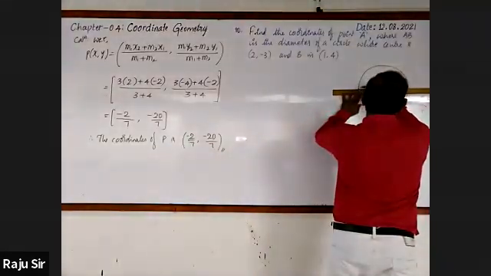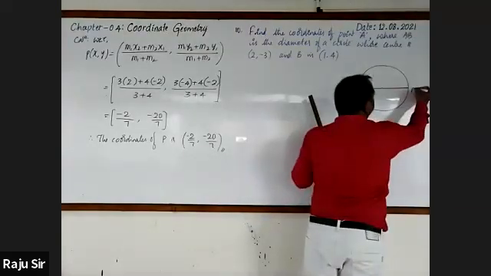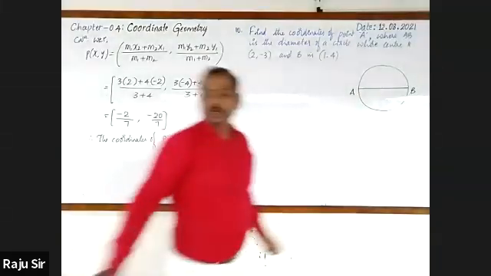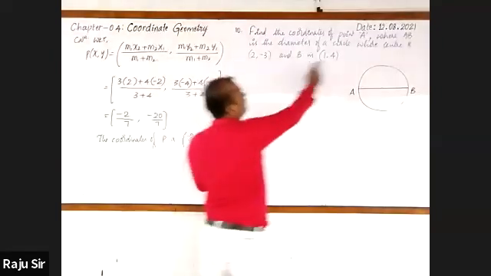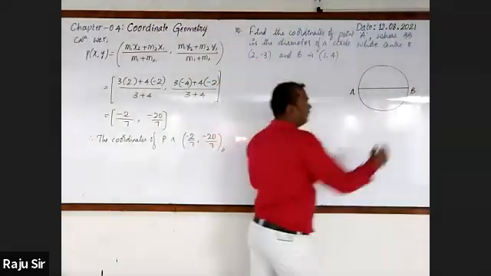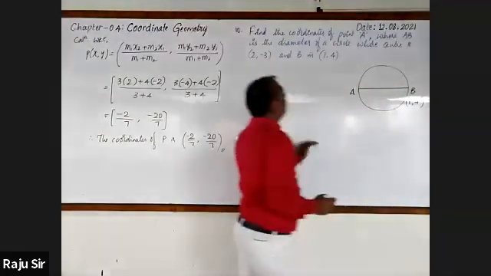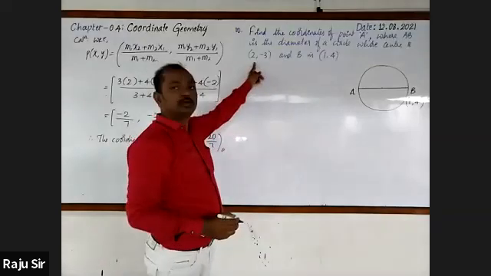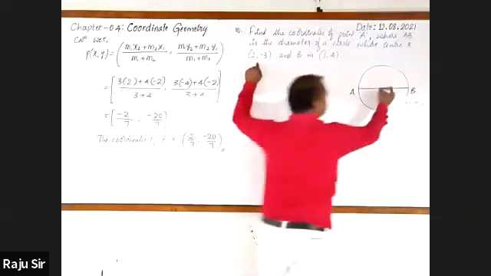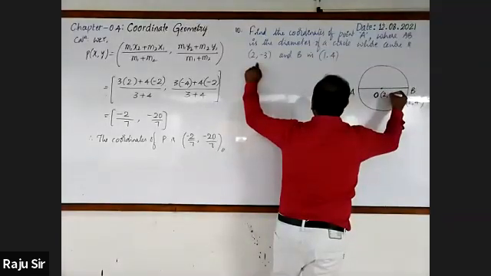Name the diameter as AB, A and this is B. Here it has been given that B is 1, 4, and the center is O, 2, -3.